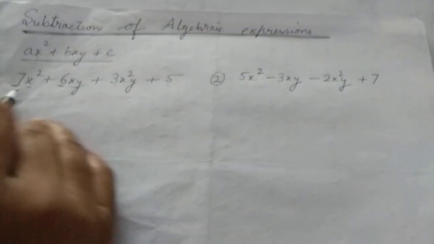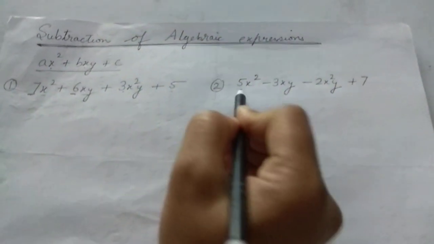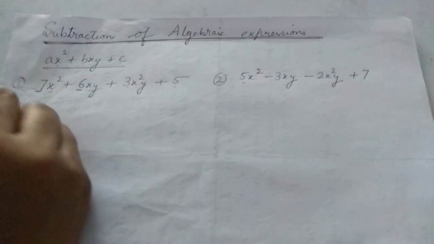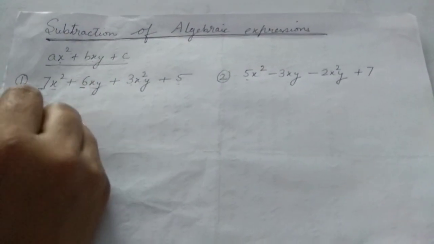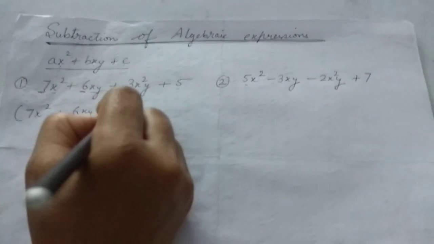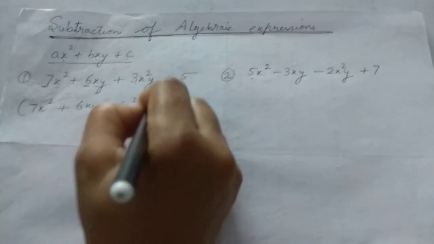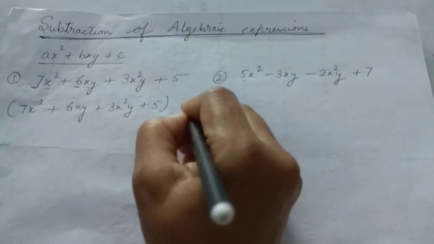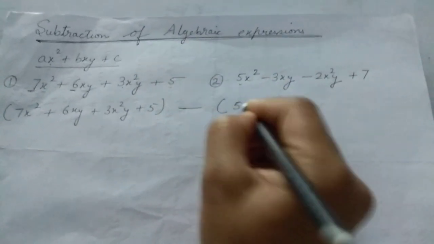So now if we are subtracting the second expression from the first one, how do we write? In the horizontal way of subtraction, we write it like this. This is a sign of subtraction.